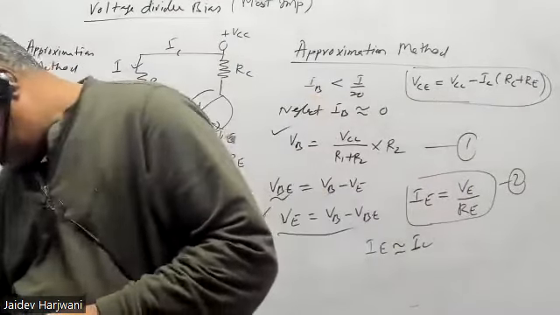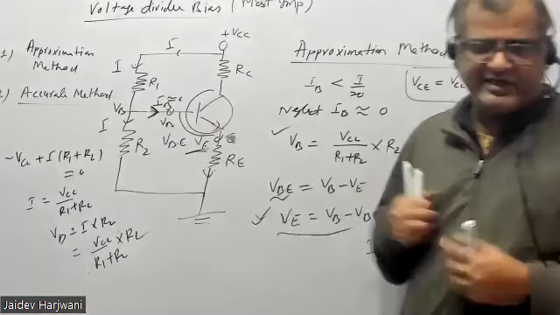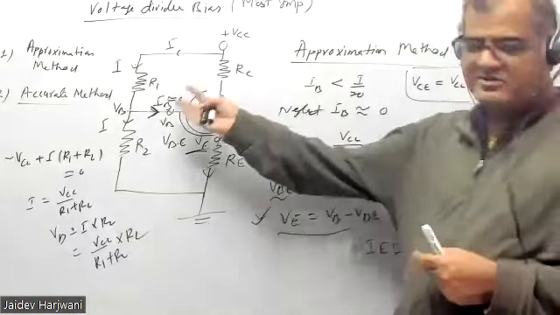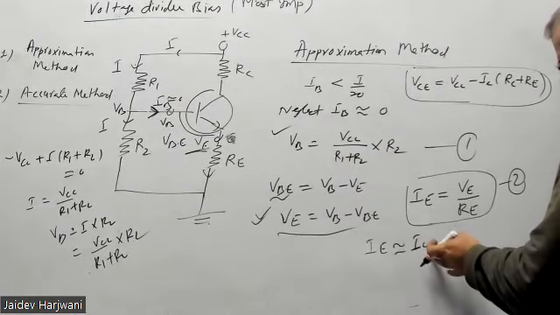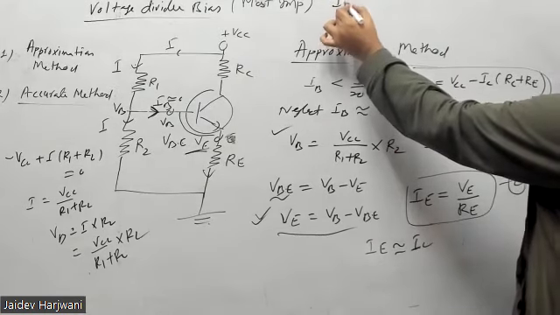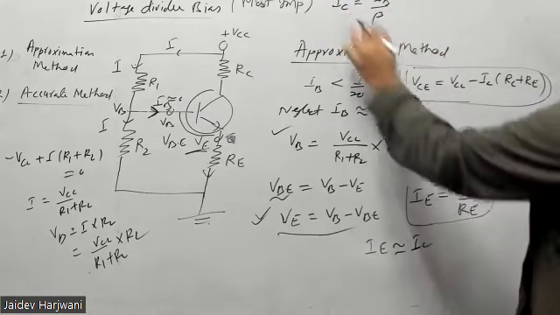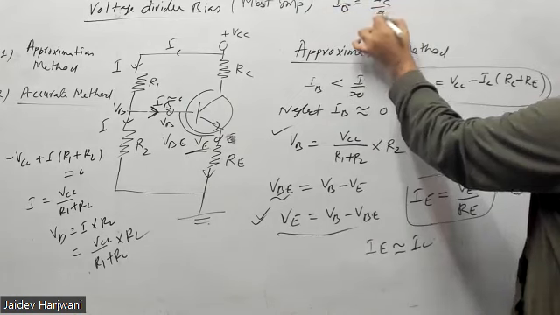Now, just to check whether the assumption we have made is correct or wrong, maybe IB is not negligible. Now that you know IC, you can do a back calculation of IB: IB equals IC upon beta.